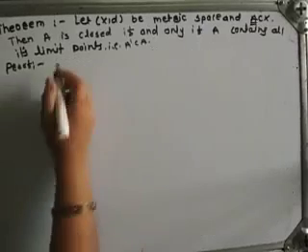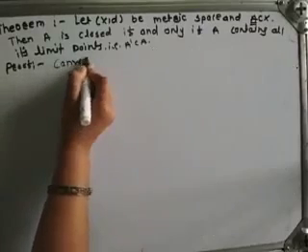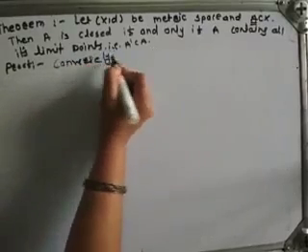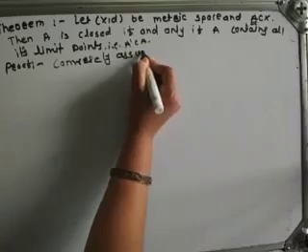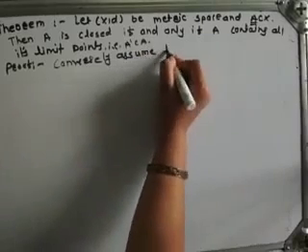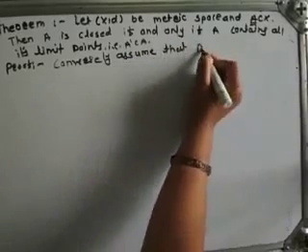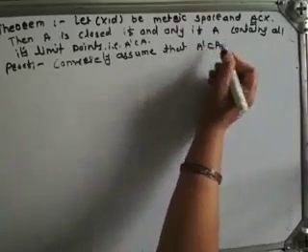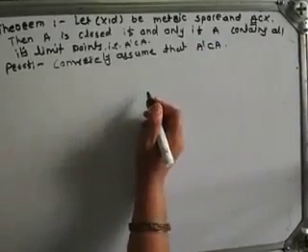Let us prove the converse part. Conversely, assume that A dash is a subset of A, that is, A contains all its limit points.